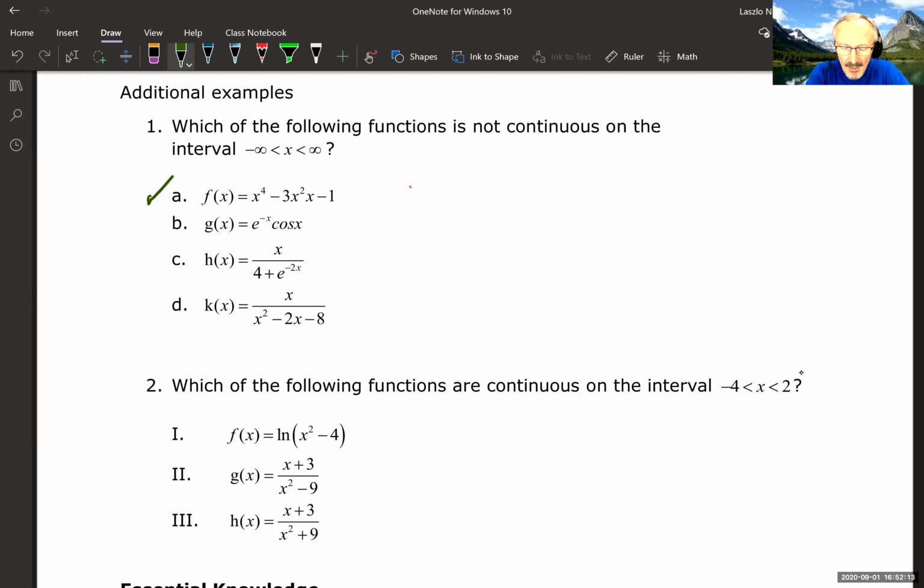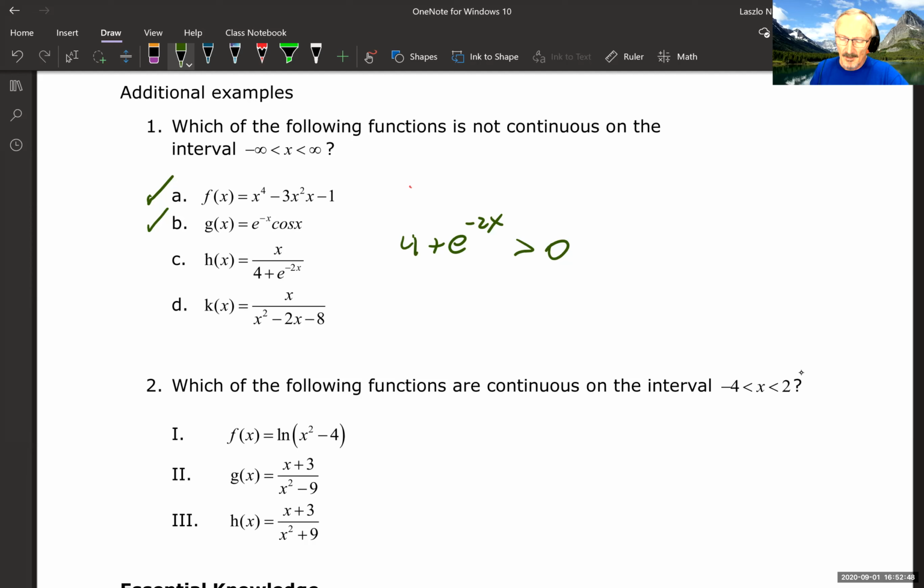Likewise, e to the negative x is continuous everywhere, so is the cosine, so their product will be continuous everywhere. Here we have a little bit more, I guess, closer scrutiny for the denominator, but again, e to the negative 2x is continuous everywhere. Adding 4 to that will keep it continuous. And more importantly, we should consider the fact that 4 plus e to the negative 2x is always going to be greater than 0.